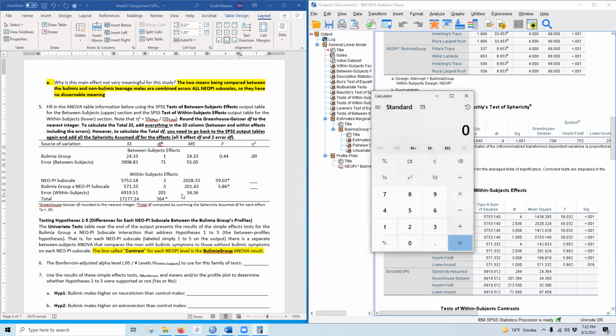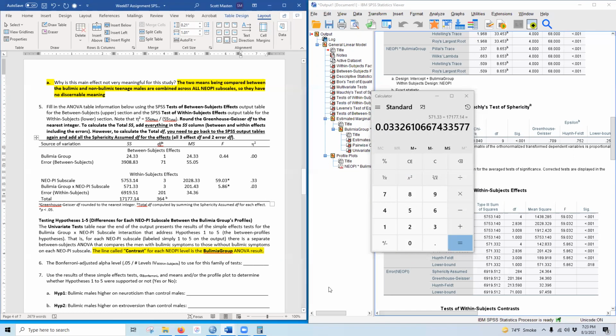Next, down here, NEO-PI subscale is 5753.14 divided by 17177.14, which is 0.33 rounded. And then finally, for our interaction, it's 571.33 divided by 17177.14, which is 0.03.